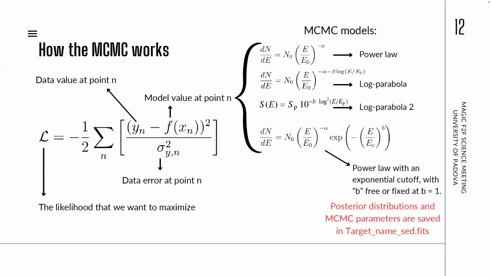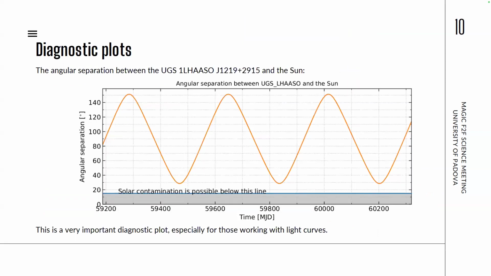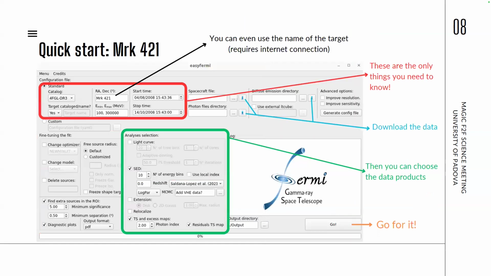One is this one you are seeing here, and the other one is the same thing, but with b set to 1. This is only for the Markov chain Monte Carlo. And the posterior distributions of the Markov chain Monte Carlo are all saved in the scd.fits file that is saved here in this output directory.